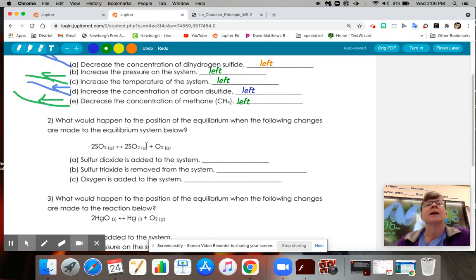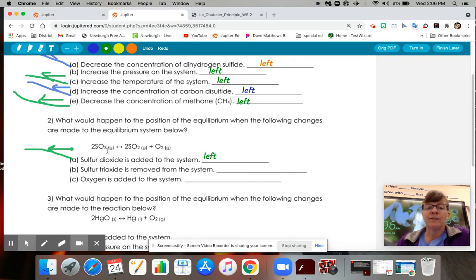Adding something is like adding weight to that side or pushing it down. So it's going to look like that. And then how do you undo that? Well, you're going to have to shift to the left.